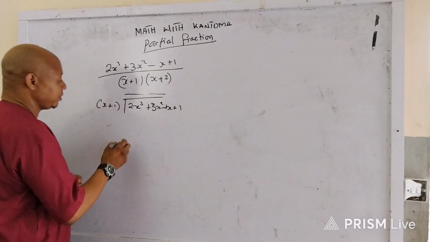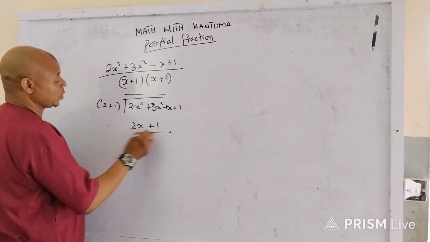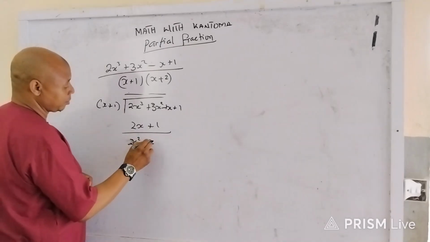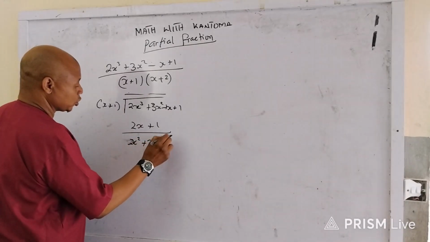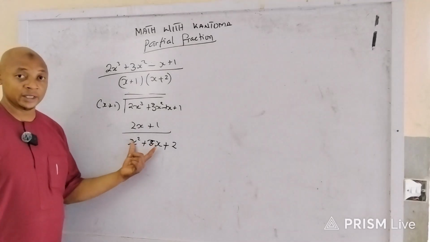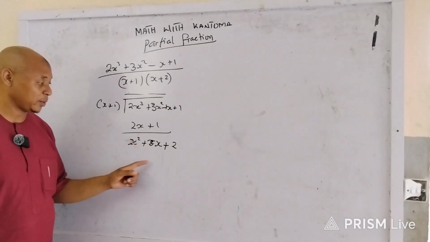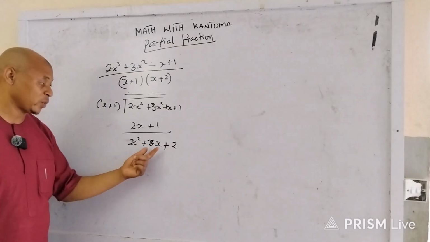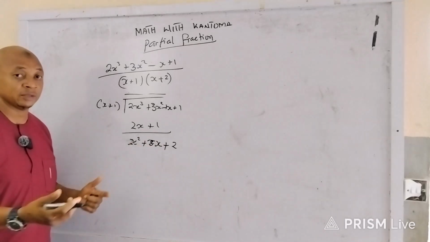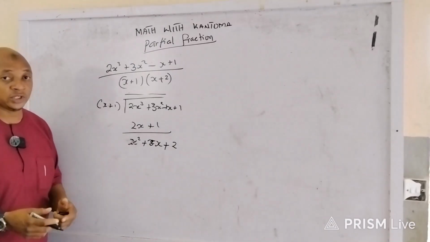For example, if I'm given 2x plus 1 divided by x squared plus 5x plus 2, I can find its prime factors here. Look for factors which, when you multiply, give 2x squared, and when you add, give 5x. Find the prime factors before you start resolving into fractions. This is the second rule.